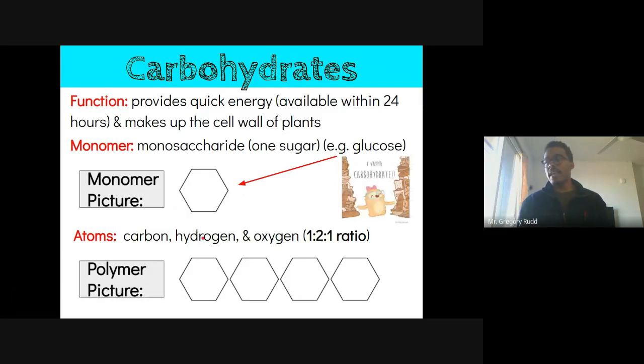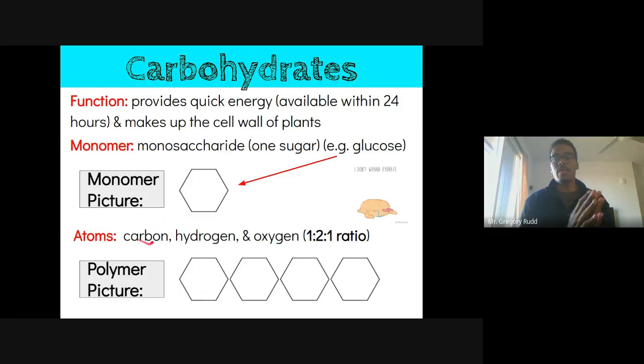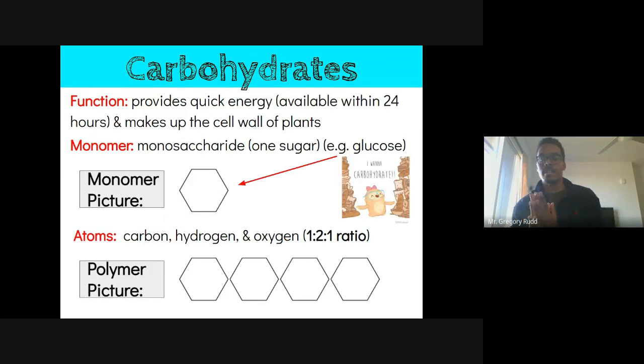The reason for this is, like I said, in a carbohydrate, we will always have this 1:2:1 ratio. That tells you that I'll always have the same number of carbons as I do oxygens. If I have 3 carbons, then I've got 3 oxygens. If I've got 12 carbons, I've got 12 oxygens. If I have 52 carbons, then I have 52 oxygens.